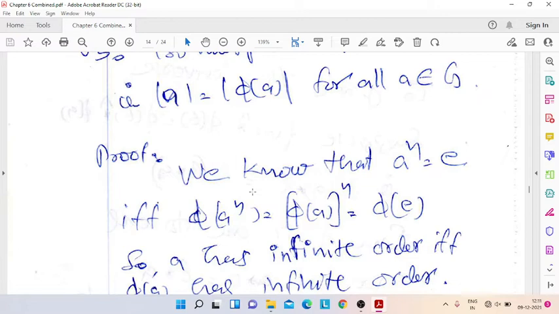So phi of A raised to n equals phi A the whole raised to n, which equals E cap.